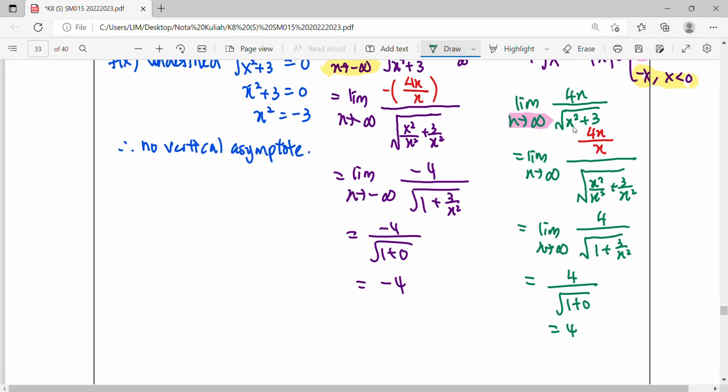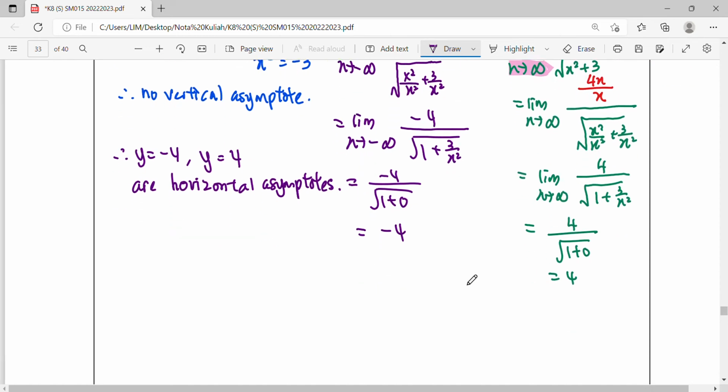So from here we can conclude that y equals negative 4 and y equals 4 are the horizontal asymptotes. Okay, then we can start drawing already.